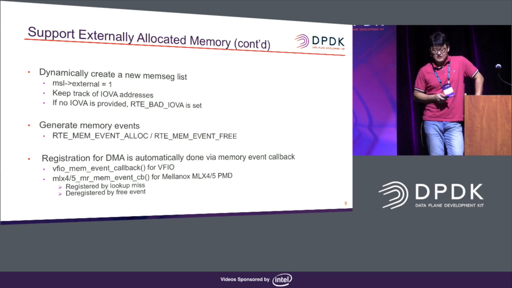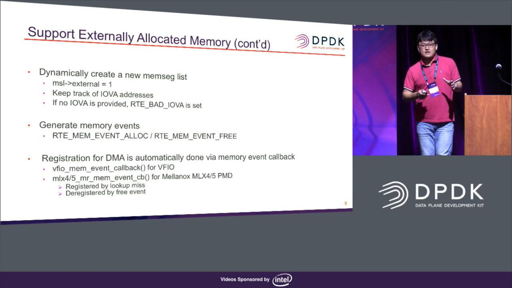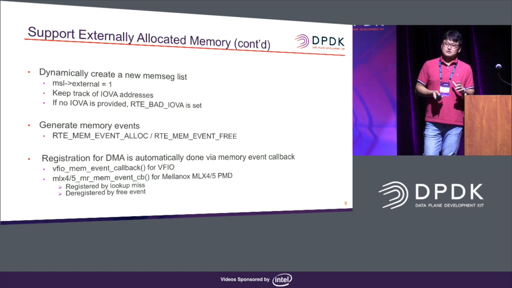We don't use VFIO, but it is standardized like this. So this registration will generate the allocation and free event. Then the PMDs and other components in DPDK can know that there's a new memory allocated externally.